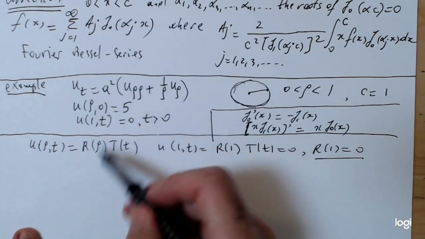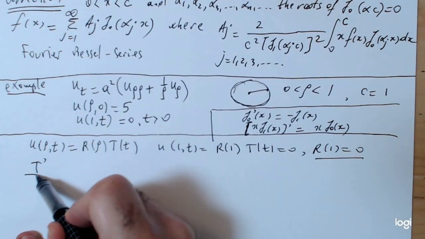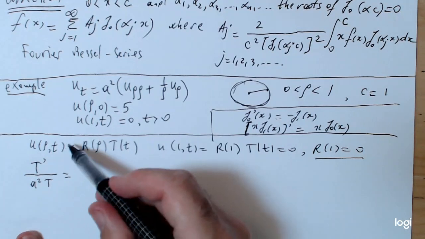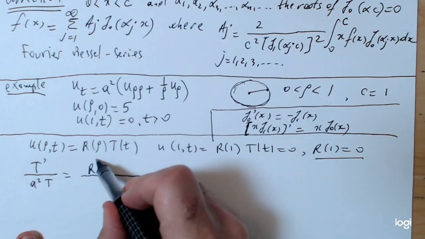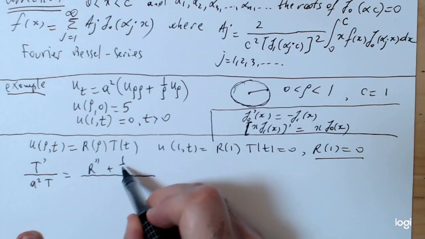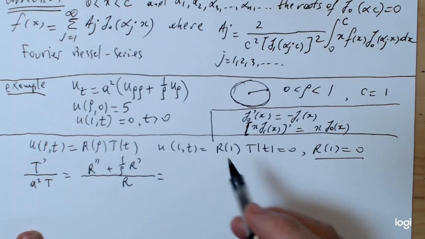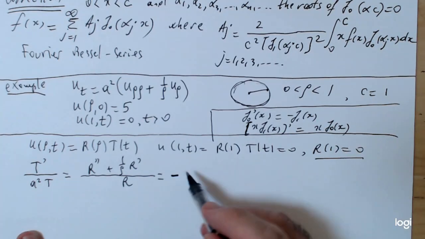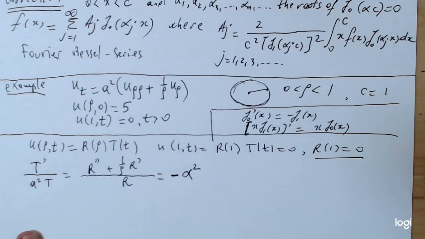When I plug this into the PDE, remember, if I do the separation of variables, I end up with this equality of two differential expressions: T prime over a squared T equals R double prime plus 1 over rho R prime over R. Normally we write this as minus lambda, but in anticipation of how the eigenvalues will look, let's call the separation constant minus alpha squared.